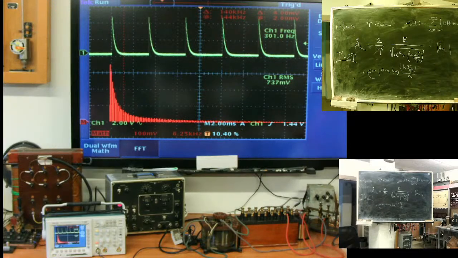So a fast changing signal takes a wider frequency band. A slow changing signal takes less frequency. And also, in a sequence, the higher the distance between pulses, the closer will be spectral lines.